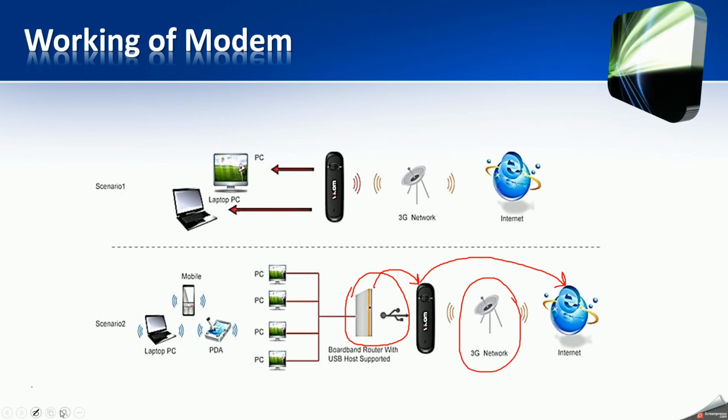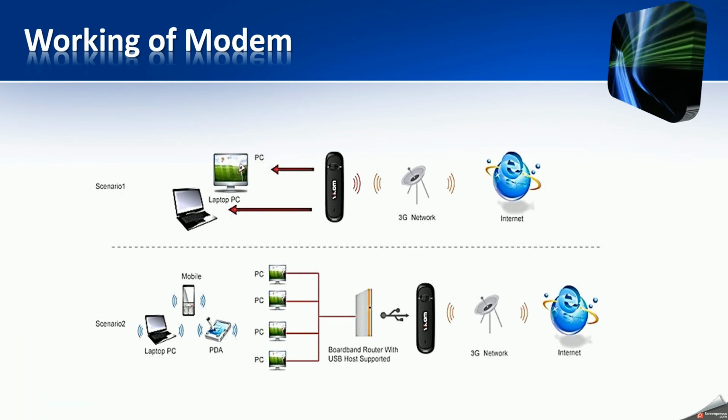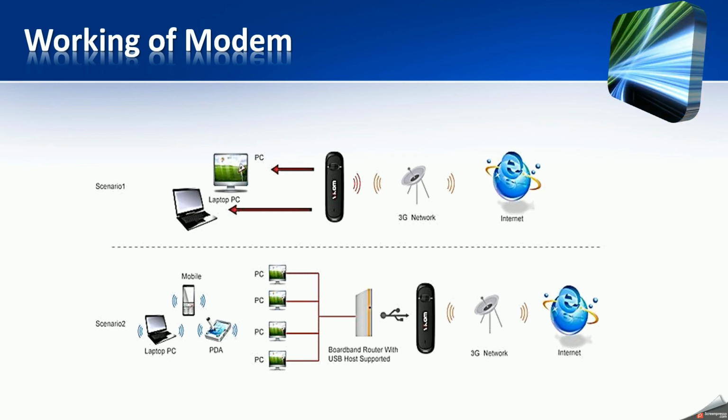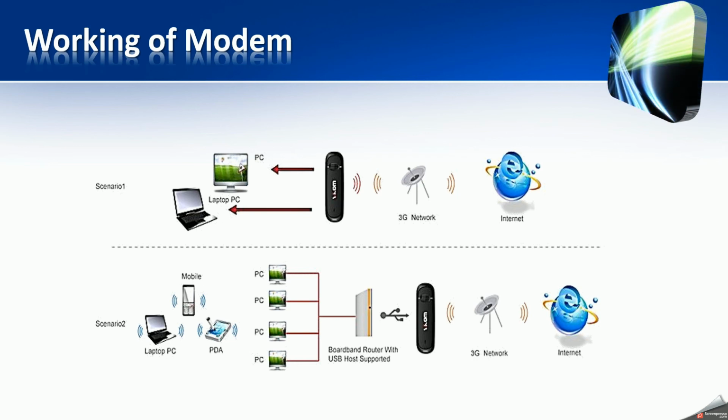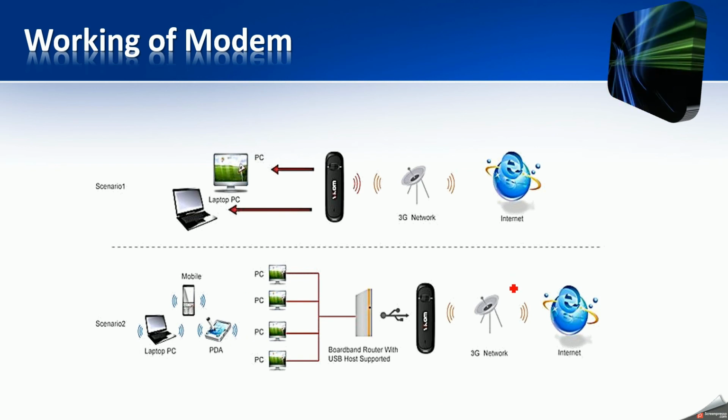We know that 3G, 4G, 2G, these all are internet broadband networks. These provide us internet or broadband access using the cellular network, the cell phone network of the country. So you are actually able to access internet not via telephone lines but via the cellular networks.